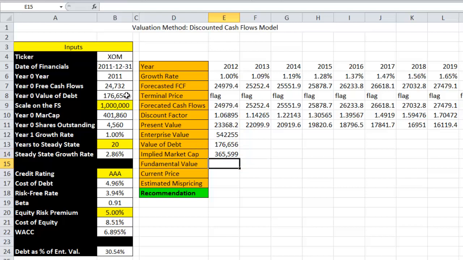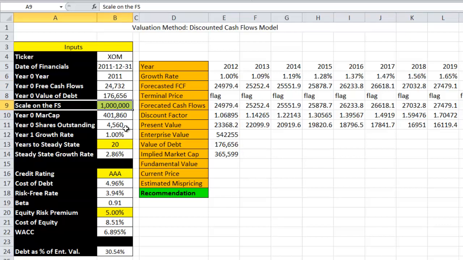Now, if you want to get a per share fundamental value, you need to take this total market cap that's implied from our DCF model and divide it by the number of shares outstanding. Now, all of this is scaled. So everything I'm doing here is in millions. For instance, the year 0 free cash flows, that's 24.732 billion. In other words, you have to add 6 zeros.